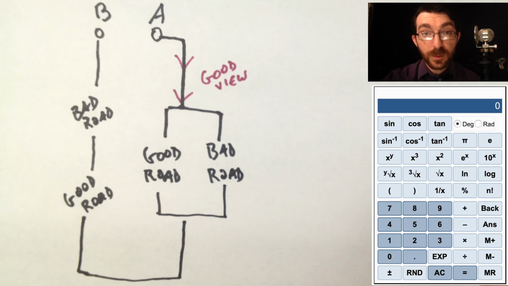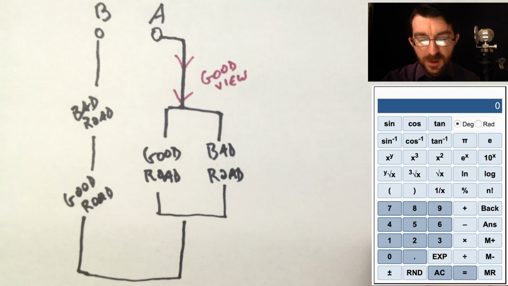The bad road is twisty and windy, full of potholes, blind turns, so it's the kind of thing that can cause delays. It's difficult to drive down, maybe it's covered in snow or something.